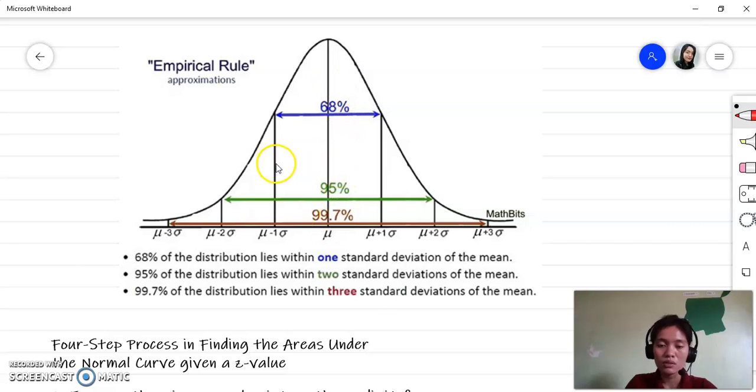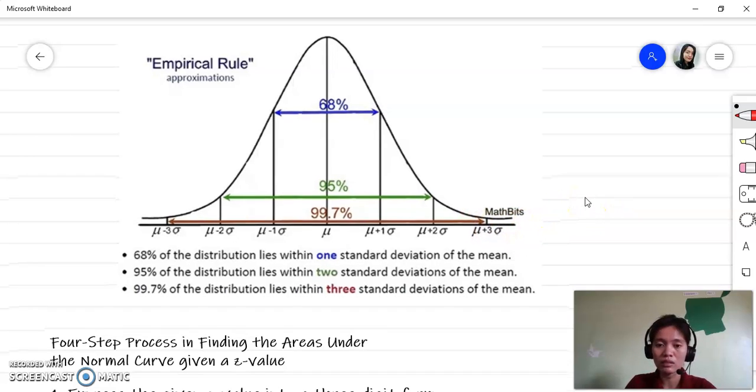The area from 0 to -3, on the left side, is 50%, and from 0 to +3, on the right side, is also 50%.